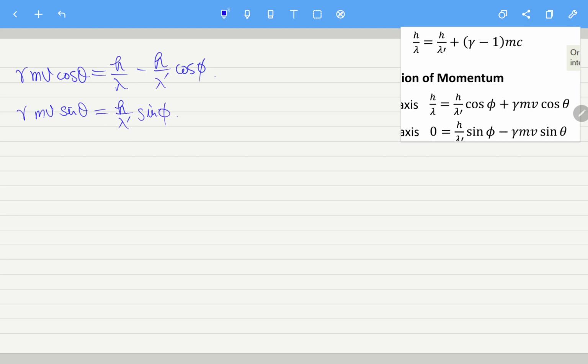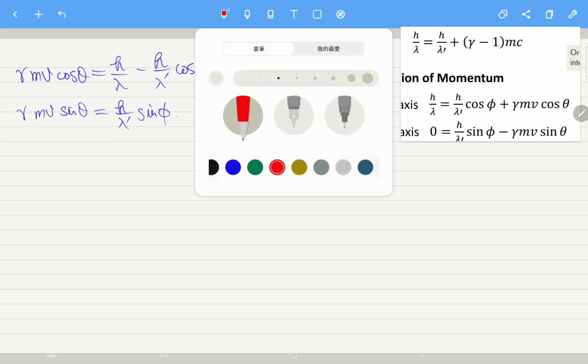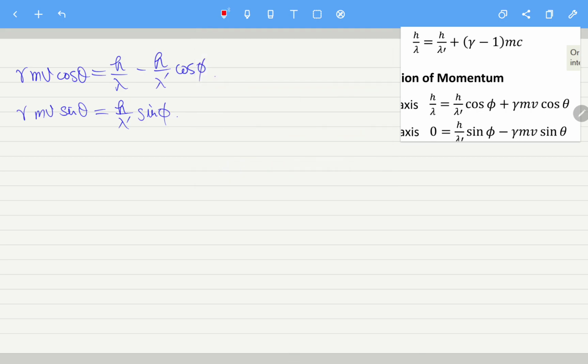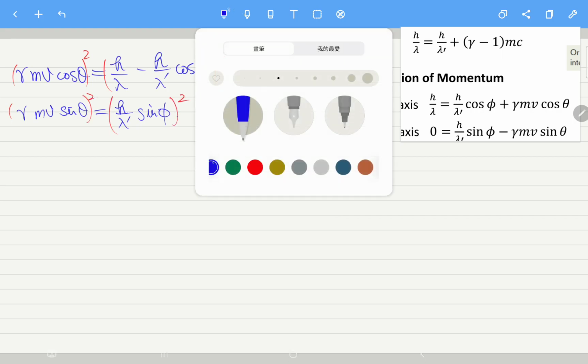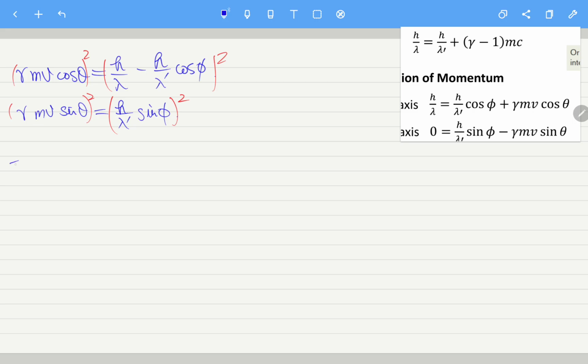Okay, so in this case we can square both sides because we would like to have cosine square and sine square. So we just take the square on both sides for both equations. In that case we can obtain gamma square m square v square cosine square of theta, and gamma square m square v square sine square of theta. The second one will be easier.